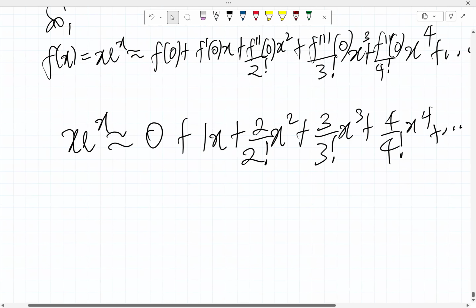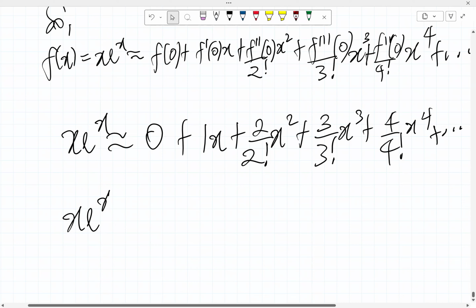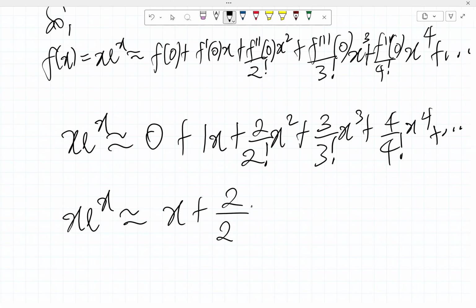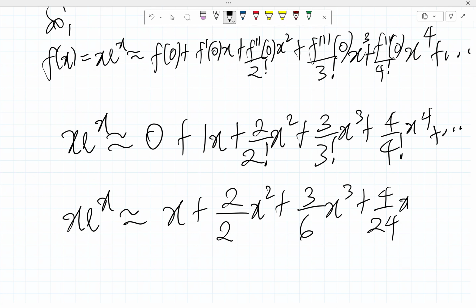So in that case now, we can say x e raised power x is approximately x plus 2 over 2 factorial, that's 2 over 2 x squared, 3 over 3 factorial, that's 3 over 6 x cubed, 4 over 4 factorial, that's 4 over 24 x raised power 4 plus all that.